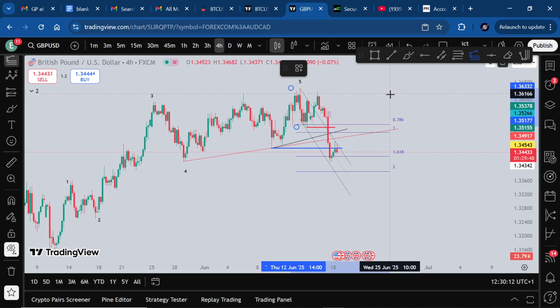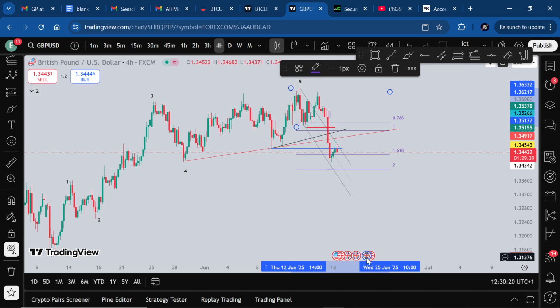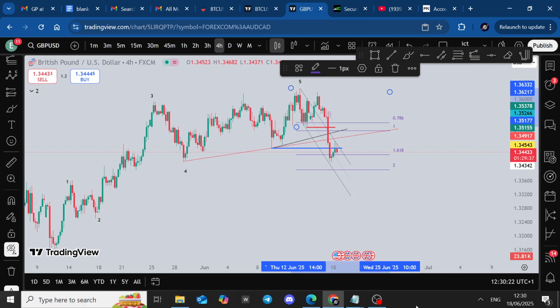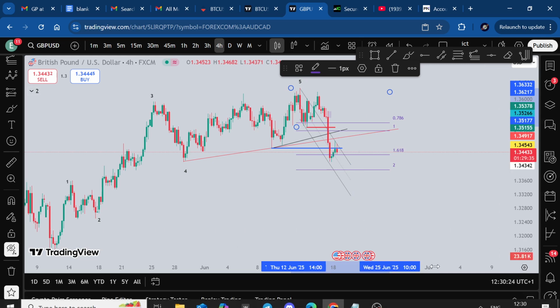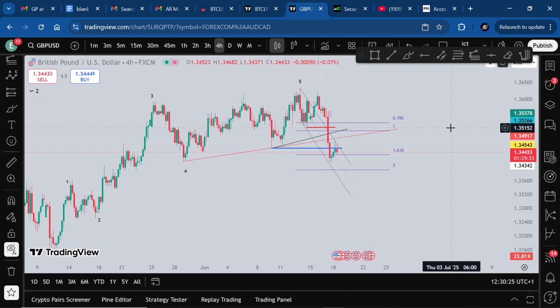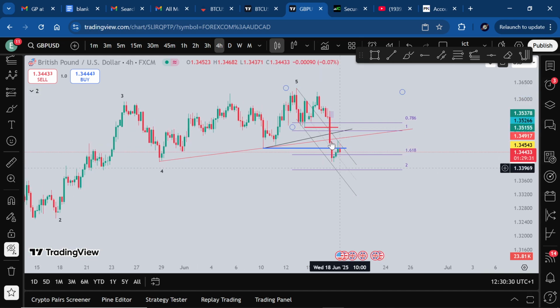Then we can drag it to there, and as you can see, we've already hit that area where we'd expect the 3. Now 3 can be extended, 3 can go to the 3.618, but we have reached the most common target for a 3rd wave.